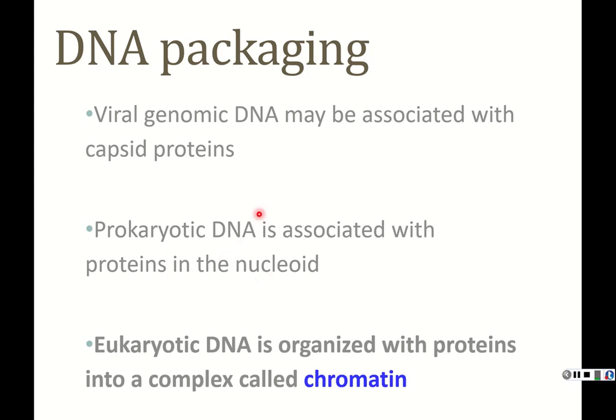Bacteria or prokaryotic cells don't have a true nucleus, but they do have what's referred to as a nucleoid, where the DNA kind of packs in on itself and makes a sort of quasi-nucleus. And eukaryotic DNA is organized with proteins into a complex called chromatin. Okay, so this combination of chromosome and protein is known as chromatin.